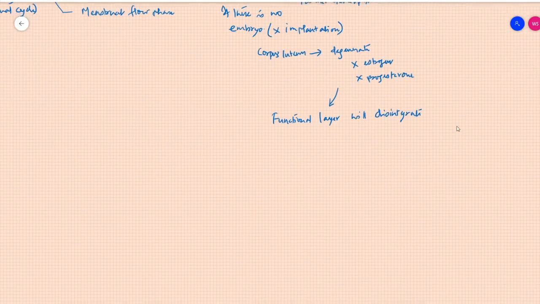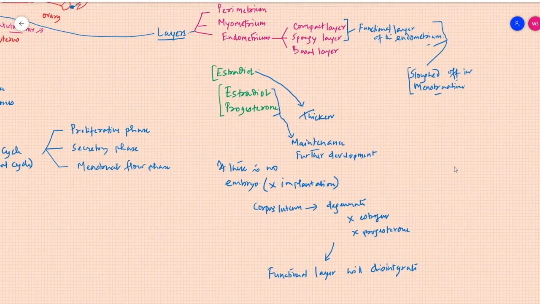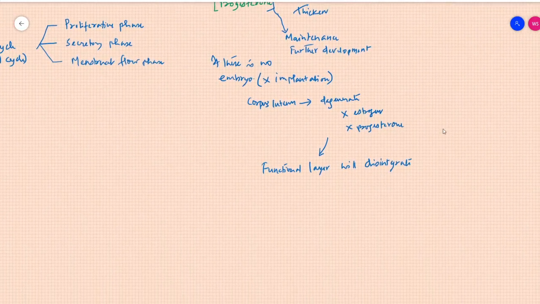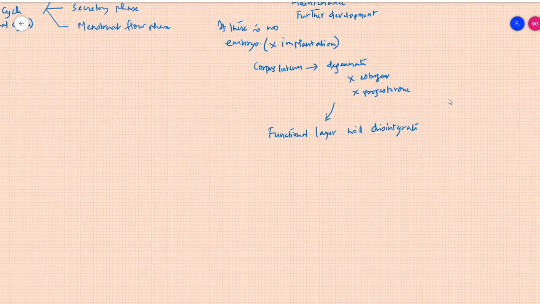The tissue which had proliferated has blood vessels in it, so these will also disintegrate, and blood will also be there.